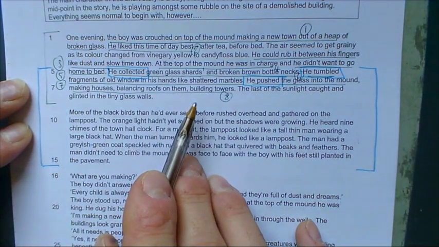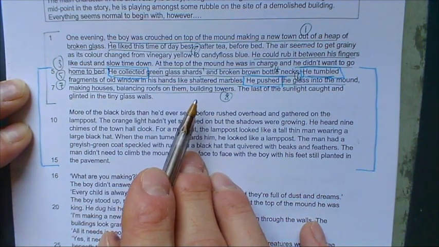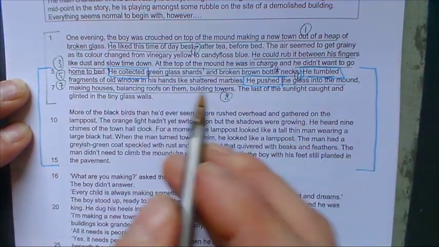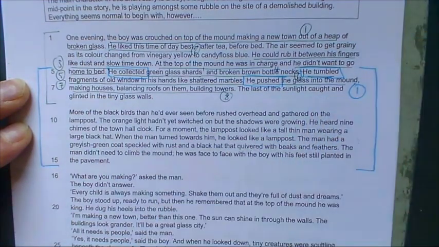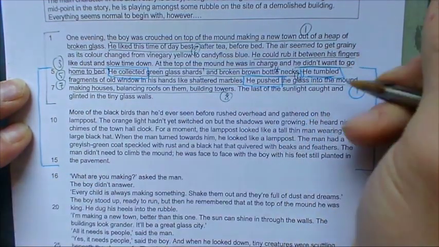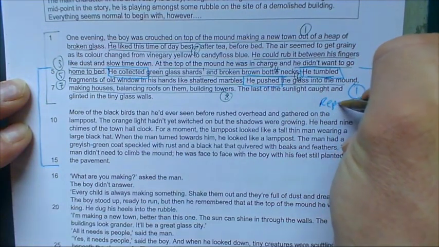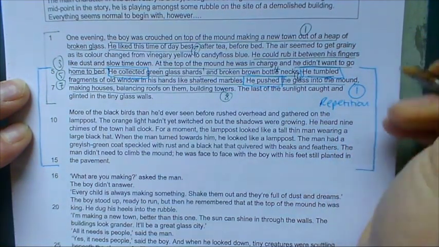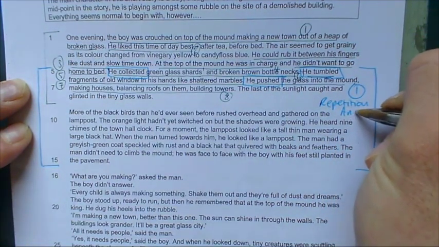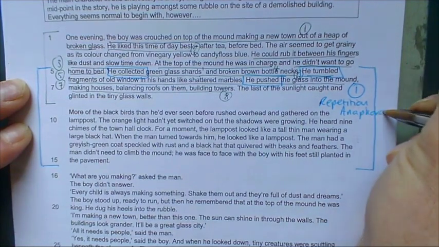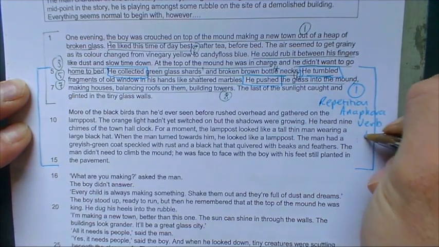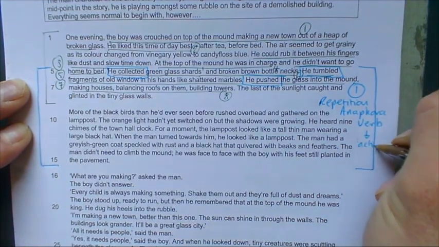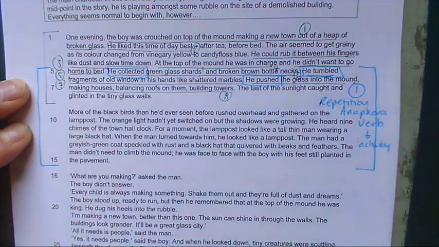He seems to be really actively engaged, maybe engrossed in what he's doing. So 1, 2, 3, I'm going to label those as my first thing to write about. You could call it a repetition. The particular name of repetition here is anaphora. It uses verbs and it creates a sense of activity, busyness.